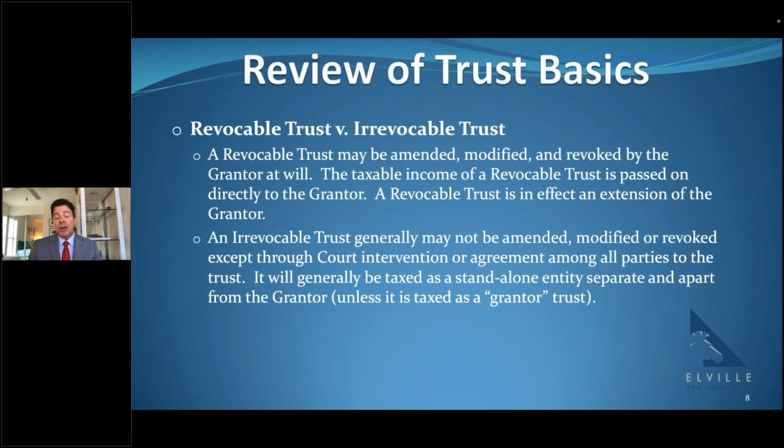It's actually a substitute for a will, and it can be modified, amended, or even revoked, and it's taxed as if it doesn't even exist, meaning Uncle Sam looks straight through the revocable trust, straight to the grantor, and says, you know what? Your tax ID number is used for this trust, your social security number. Uncle Sam is going to act as if this trust doesn't even exist.